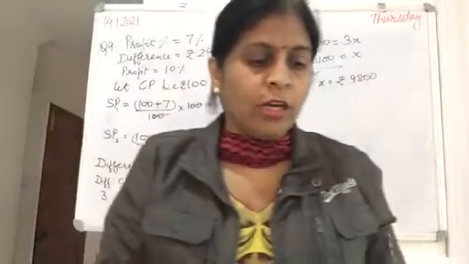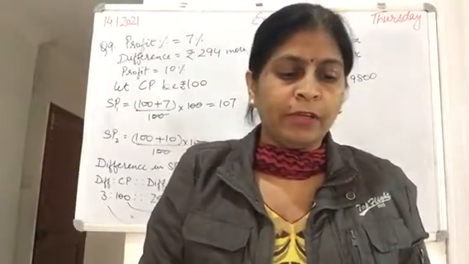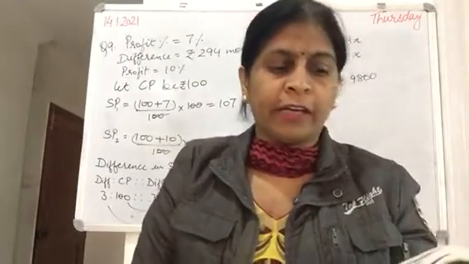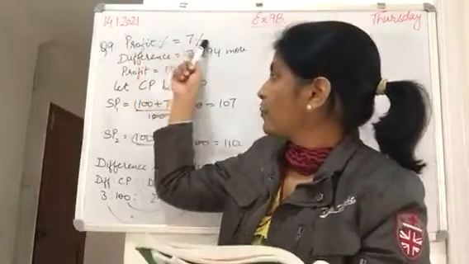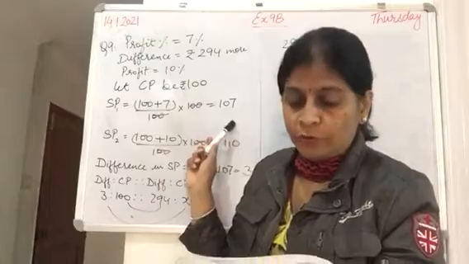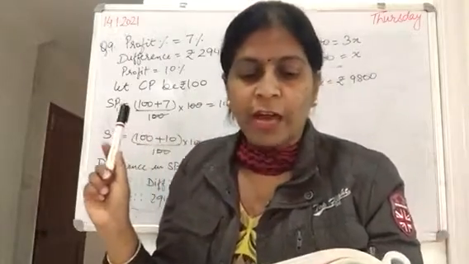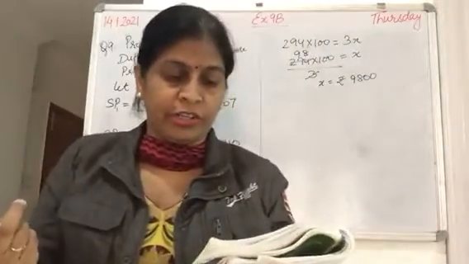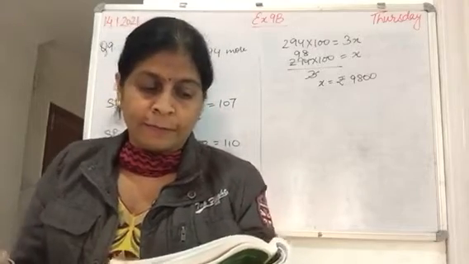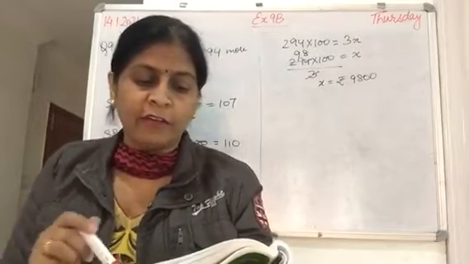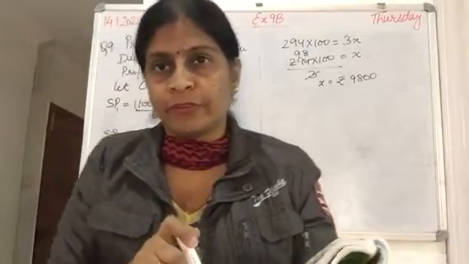In this question, a coat was sold by the shopkeeper at a gain of 5%. So cost price be 100, profit is 5%, so selling price will be 105. If it had been sold, it's an imaginary condition, for 1650 less, that means he would have suffered a loss of 5%.